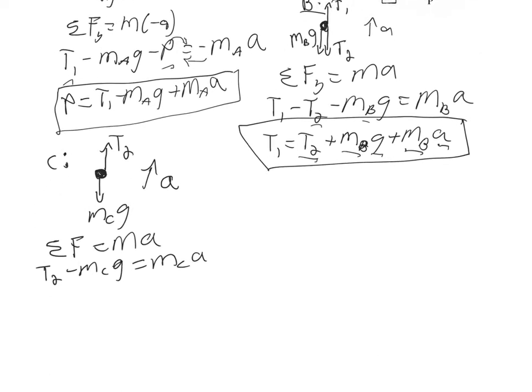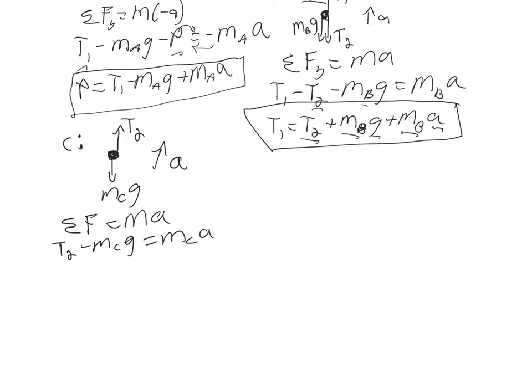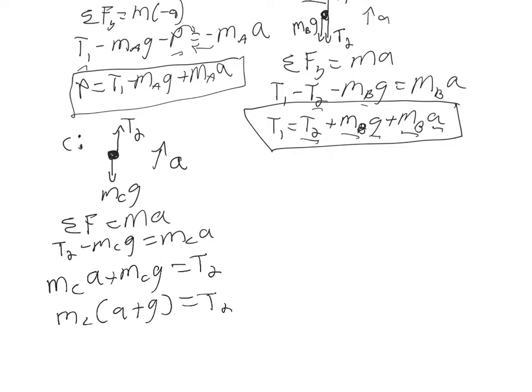Need a little more room for my algebra. So to solve for mC, I get my mC's together, so I have mCa plus mCg equals T2, which we know is 60, and so we can factor out mC and then divide. So mC would just be equal to T2 over, that's terrible, I'm going to just rewrite that.